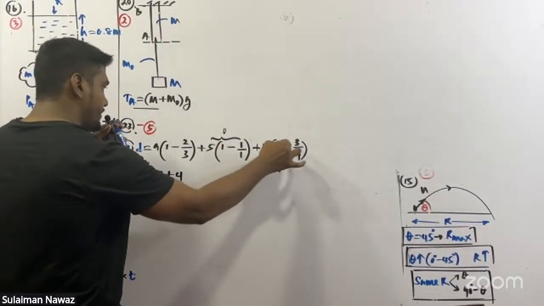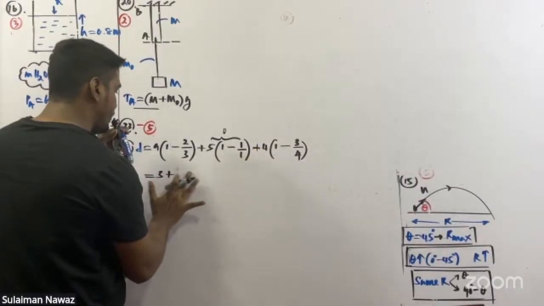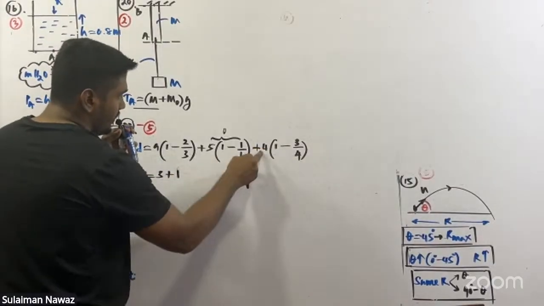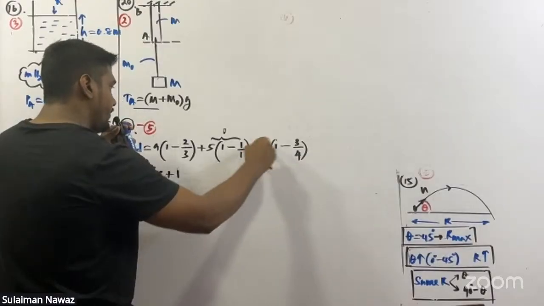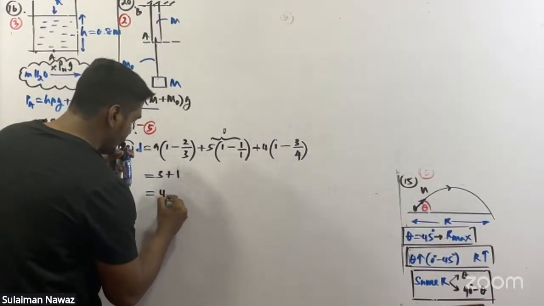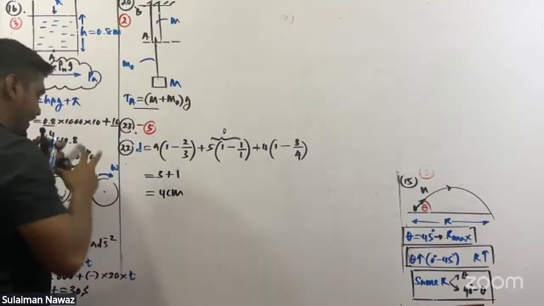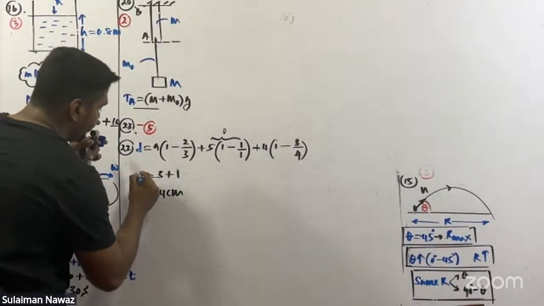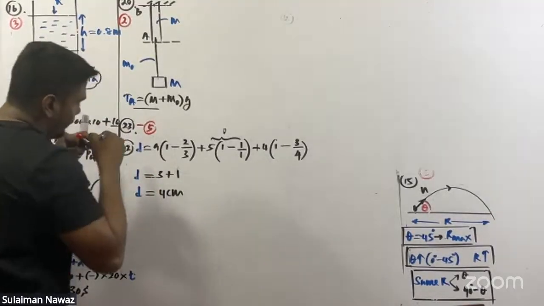Here 4 minus 3 means 1. The answer is 4 centimeters. I'm not explaining everything because yesterday I have done this story also.